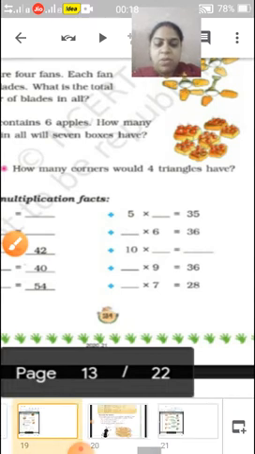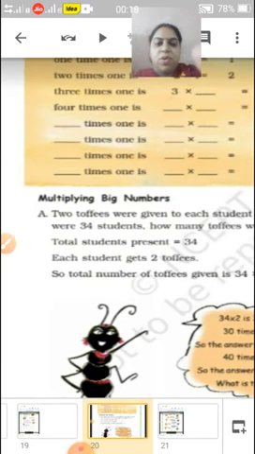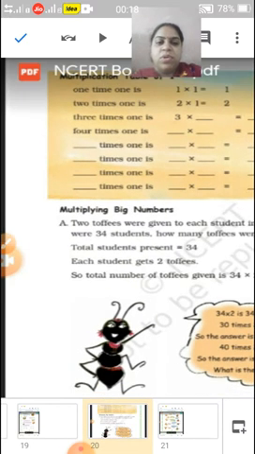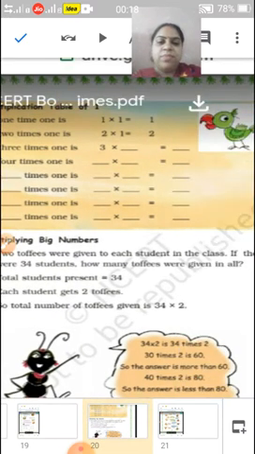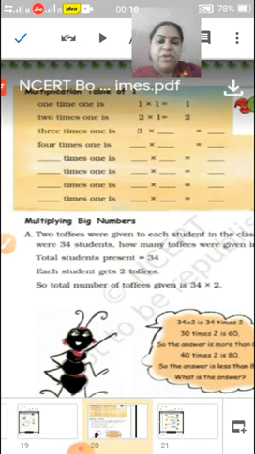Now come to next page. Multiplication table of 1. Okay children.